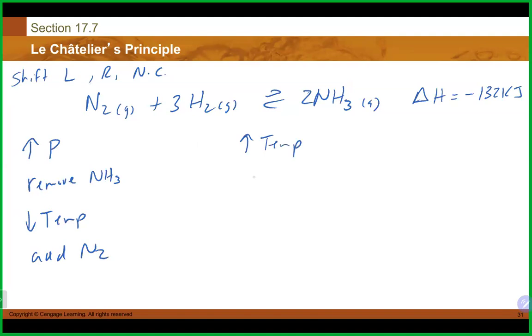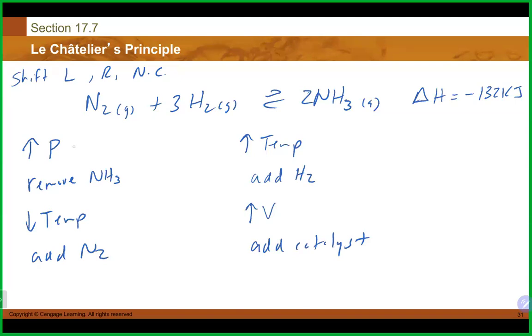Let us add some H2. Let us increase the volume. Let us add a catalyst. All right, so for each of these, which way are we shifting? See what you come up with.